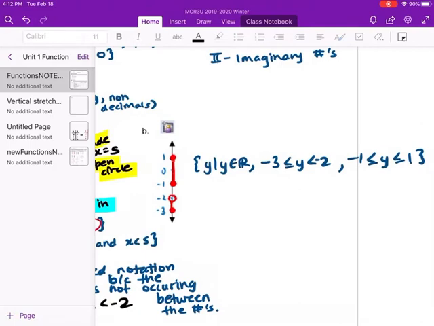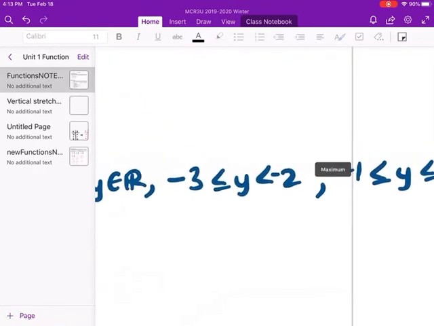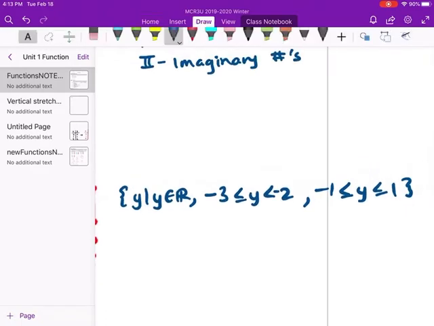With this, the smallest number is -3. So from -3 to -2, y is going to be larger than or equal to -3, but less than -2. And see how it's not including -2? So there is no underline underneath right over here.